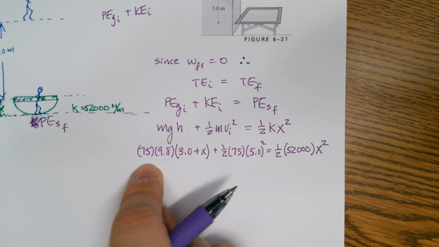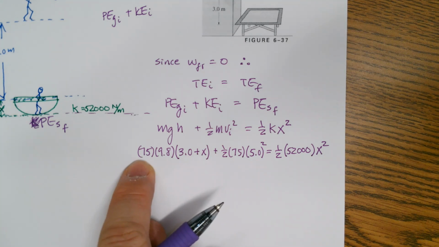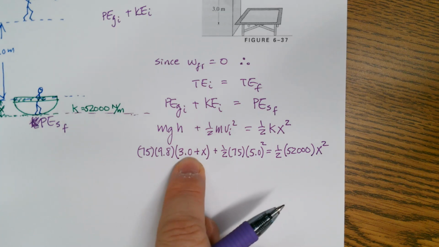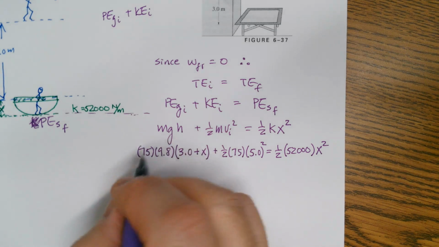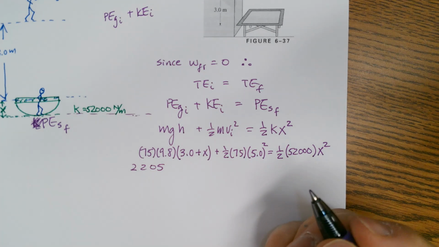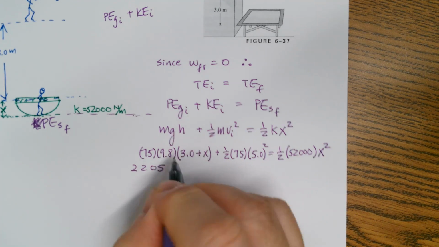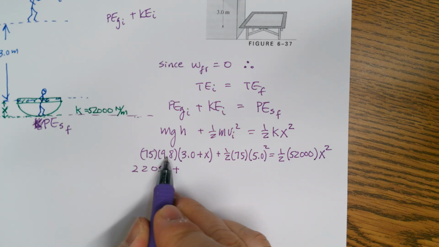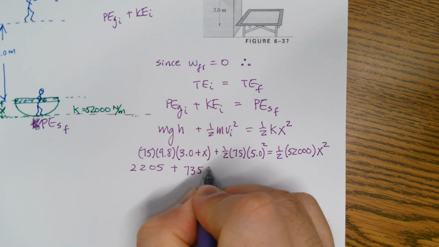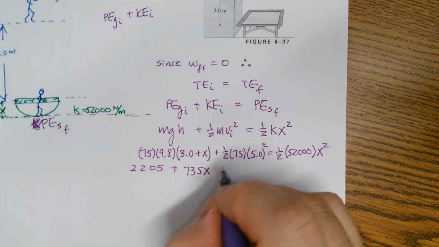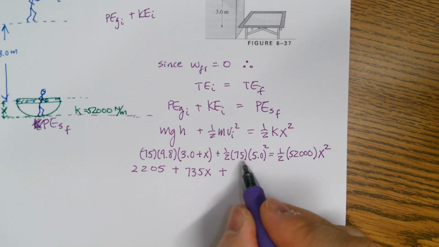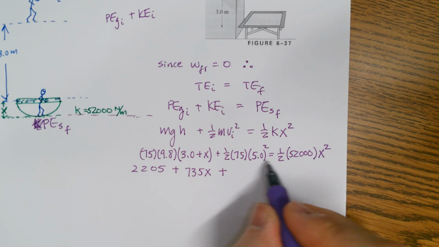So if you work it out, you have to distribute this. So 75 times 9.8 times 3, you get something like 2205, plus 75 times 9.8 times x, you get 735x, plus 1/2 times 75 times 5 squared.